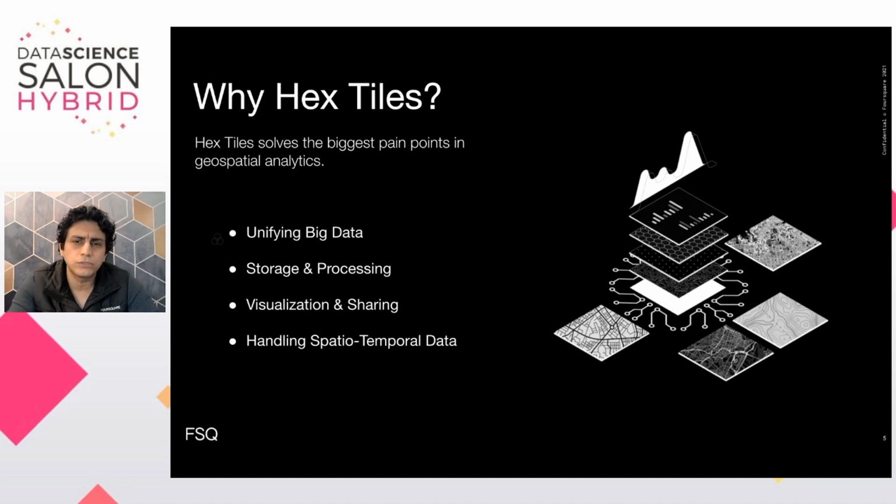Spatial data is quite hard to deal with because of its complexity. And even when you're done with the analysis, how would you visualize that? And putting all of those aside, if you have a spatio-temporal data set, then it's even harder to work with. So Hextile is here to solve this problem.